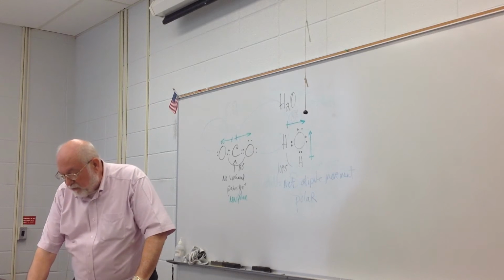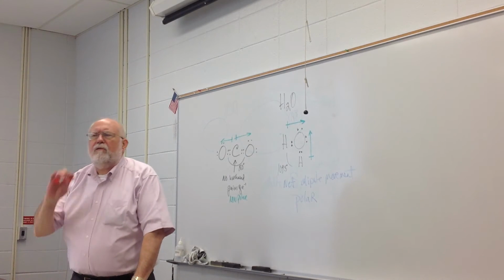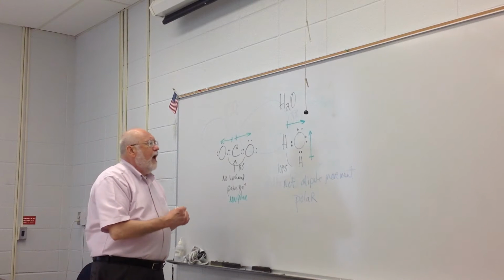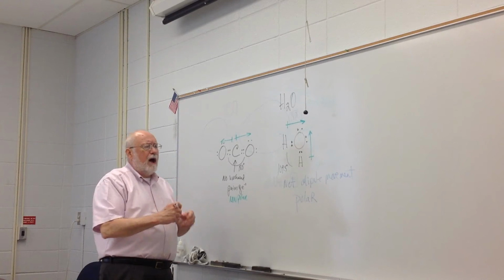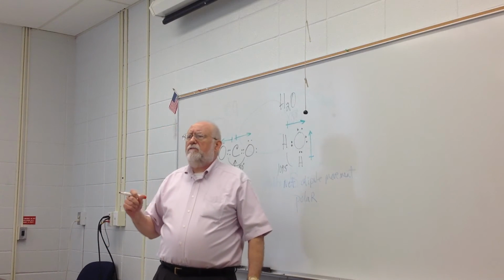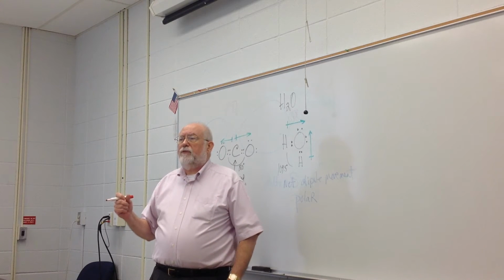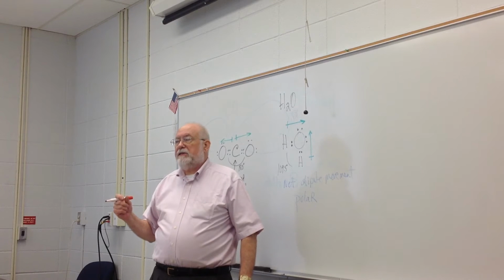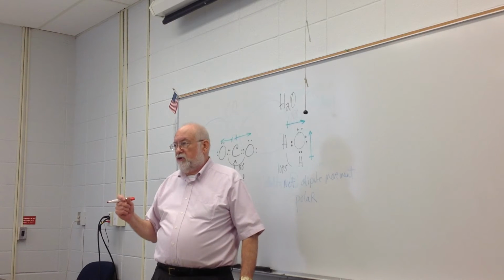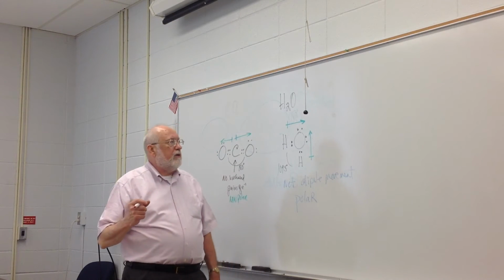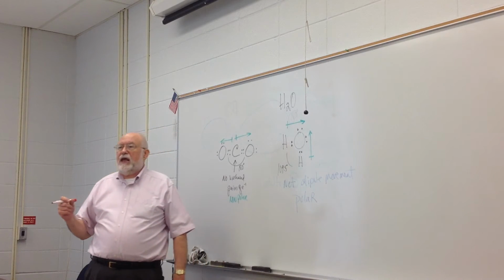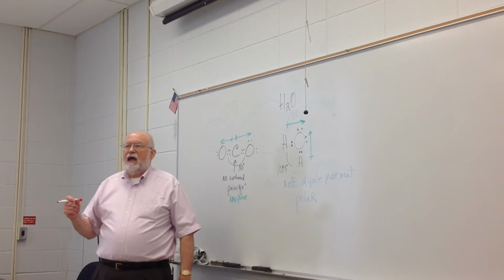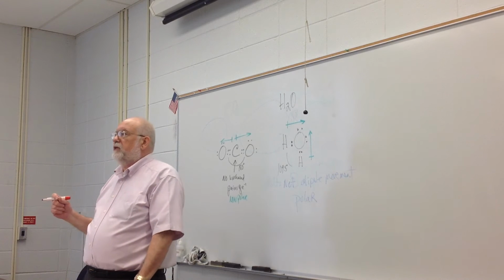All right, now there's one other little wrinkle. Because this is a polar molecule, we need to use our little notation with the lowercase delta to show the areas of partial positive and partial negative charge. So on this molecule, which end, the hydrogen end or the oxygen end, is likely to be partially negatively charged?